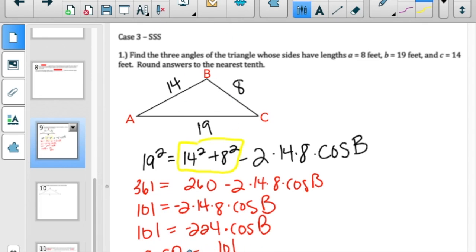I need to get B by itself, so what do I need to do? How do I get rid of cosine? Cosine inverse. So B is going to equal the cosine inverse of 101 divided by negative 224.